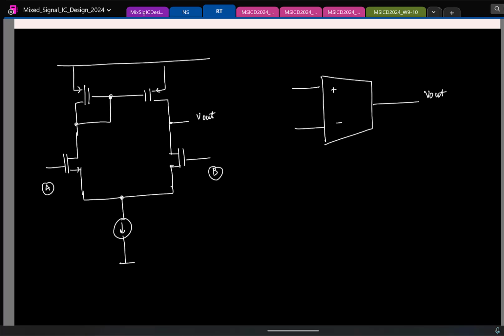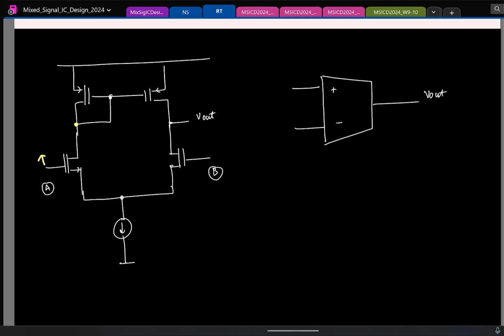Why? Let's say you don't know, how do you find it? Let us say you increase A. What will happen to this potential? It's all small signals. You make a small signal increase to the gate voltage. What will happen to the drain voltage? Increase or decrease? Decrease. Why decrease?